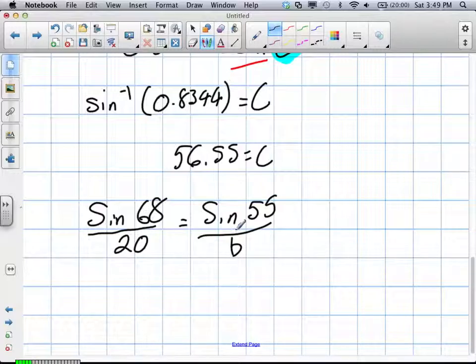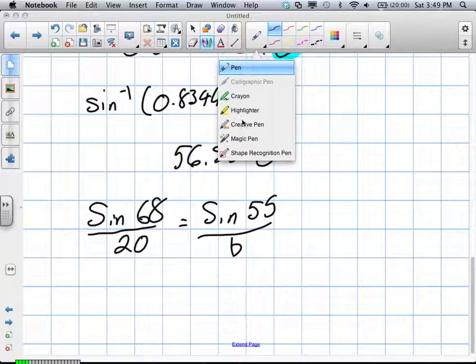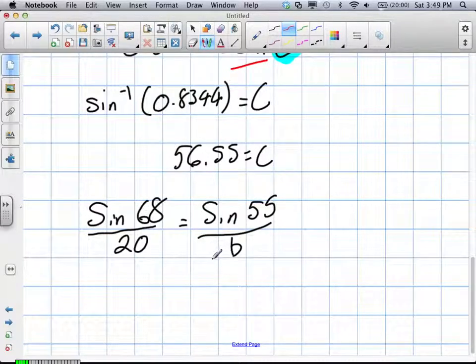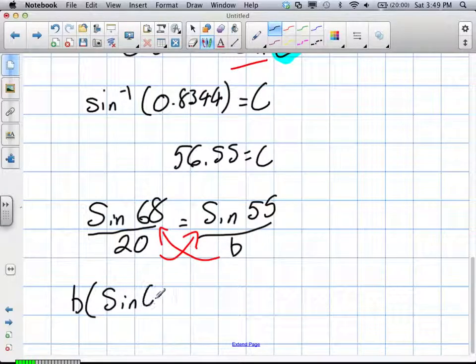We're trying to get B by itself again, but B's on the bottom. So this is where we use some cross multiplication. We always want to get rid of our fractions if we get the chance. So this says B multiplied by sine 68 is equal to 20 times sine 55.